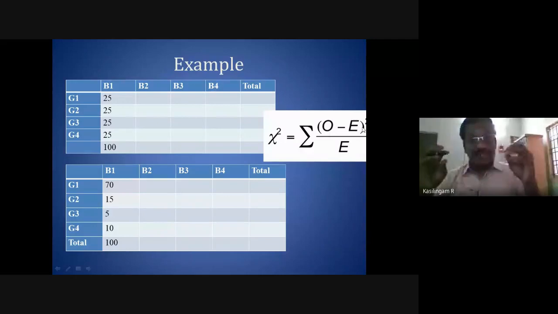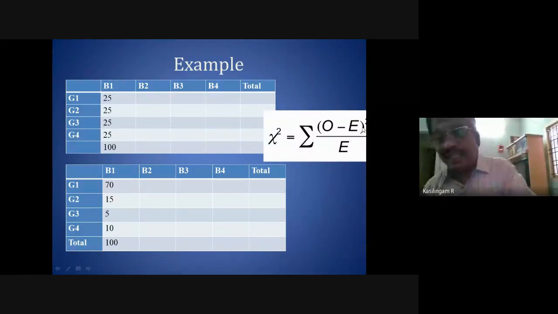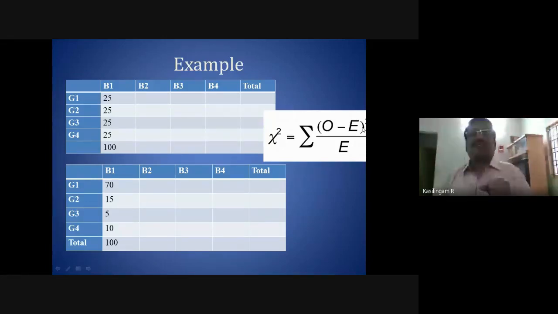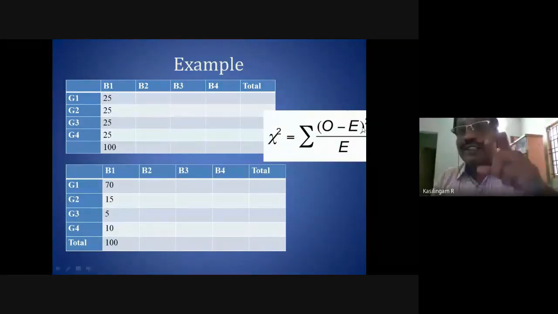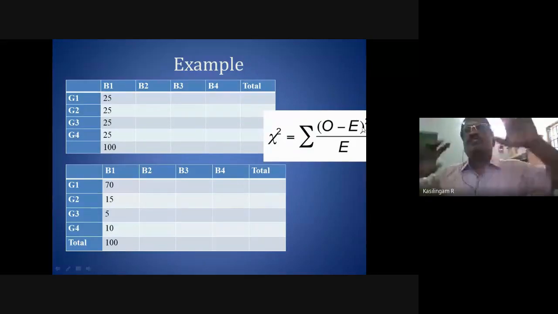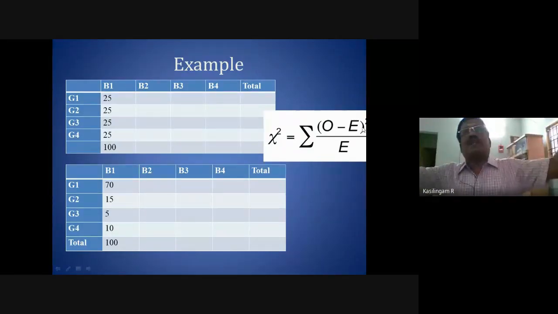When both are equal, when O equals E, my calculated value will be 0. I will not get 26 or 28. If there is an association, I should get more than 26 at the 5% level, because the table value is 26 at the 5% level.